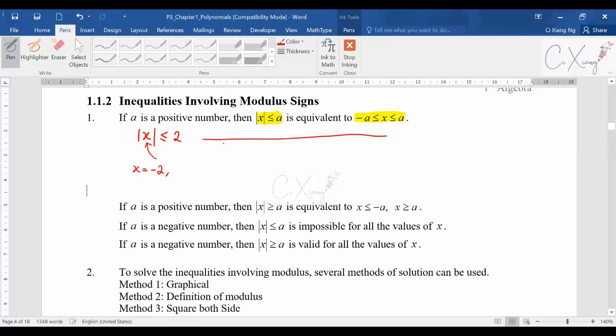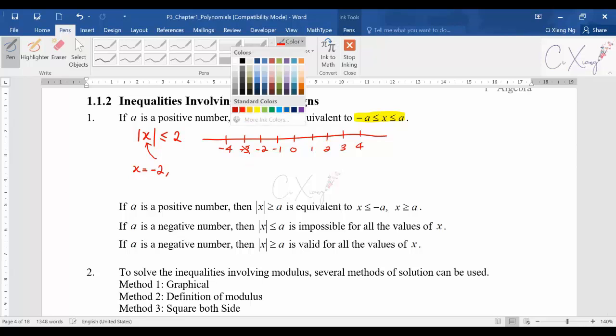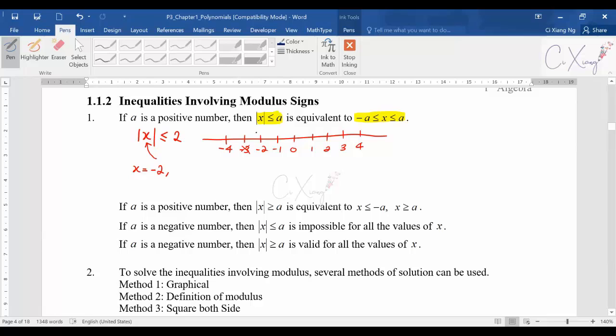When they say modulus x is smaller than or equal to 2, I would like to try a few values. Just now negative 3 is not the correct answer, but when you put negative 2 inside the inequality, it is correct. So negative 2 is one of the answers that fulfill this inequality.